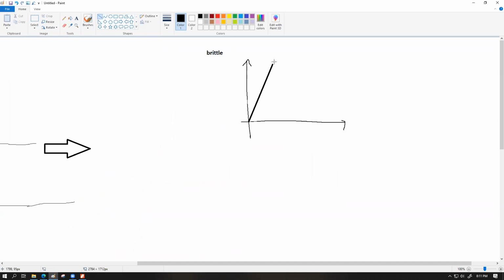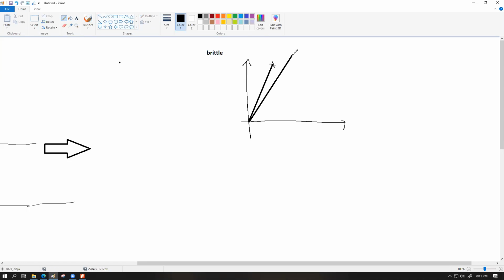Either like this, I mean, it's going to have a perfectly linear part and it's going to break down at the end of this linear part. There would not be any curve in the graph whatsoever. That's possible. Or some material can be slightly deviant from this behavior. Some material can also have a little bit of curve at the end.